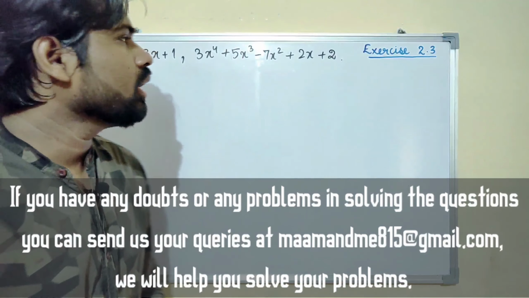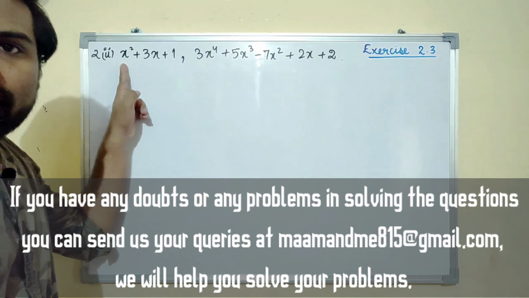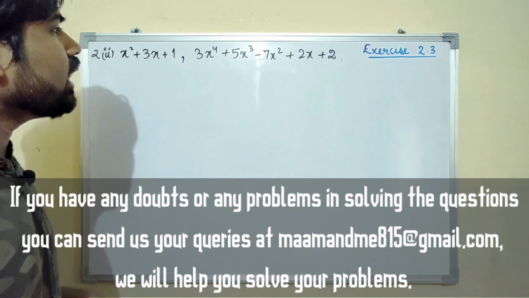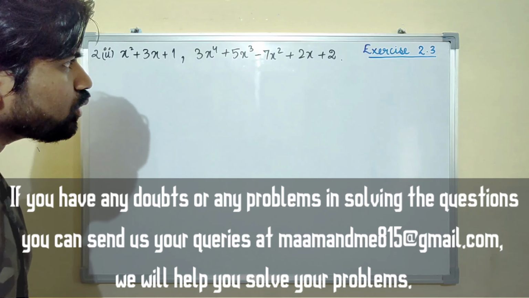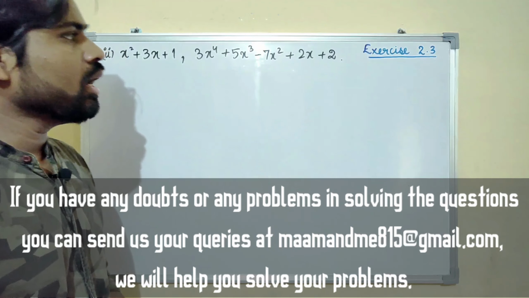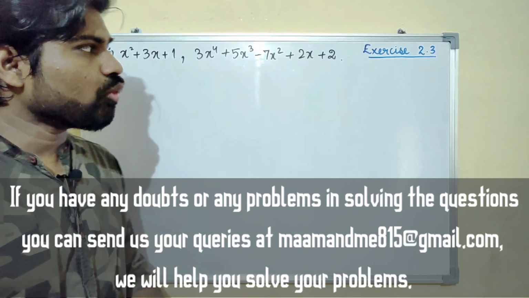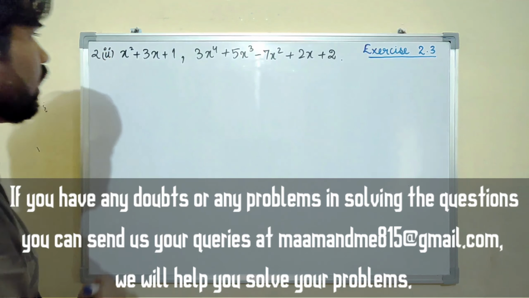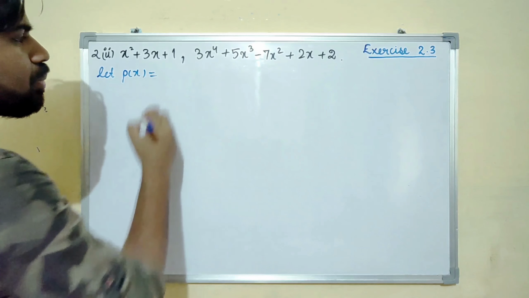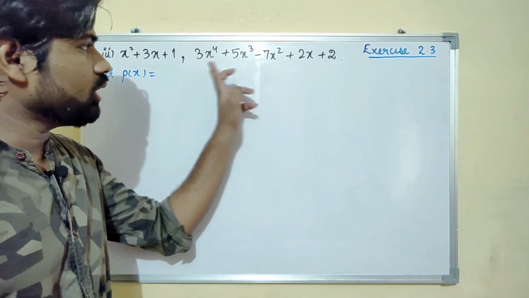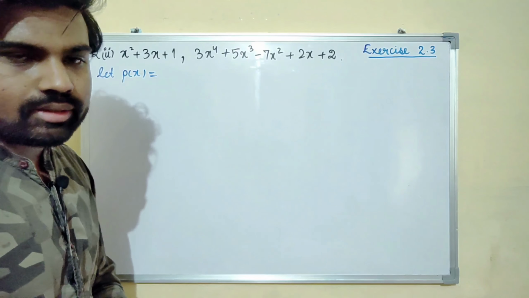Now in the second part, the first polynomial is x square plus 3x plus 1 and the second polynomial is 3x to the power 4 plus 5x cube minus 7x square plus 2x plus 2. Now first of all let us name them. Okay, now let p(x), now we can write it as p(x) because it's a polynomial of the variable x.